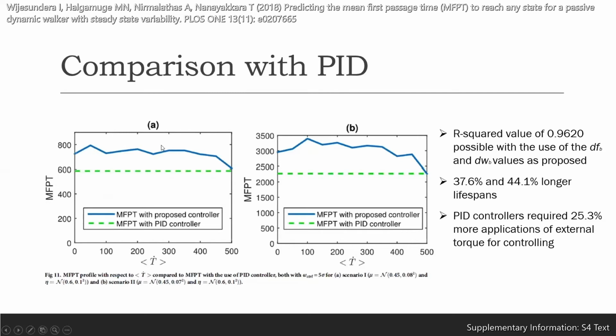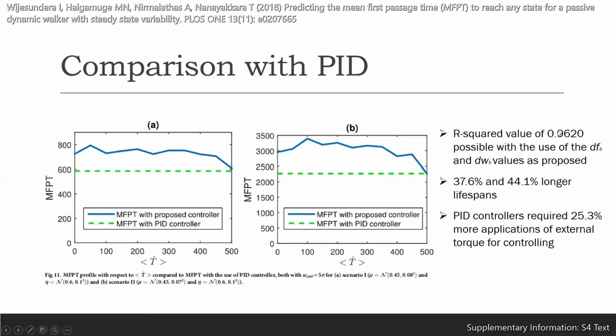So when the velocity drops below that threshold, it applies a torque. So these are two different scenarios that we tested against. The green lines are the mean first passage time obtained with the PID controller, and the blue lines are with the proposed controller, with different thresholds that we tested against.